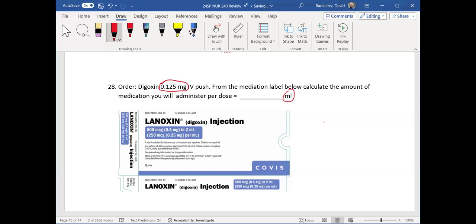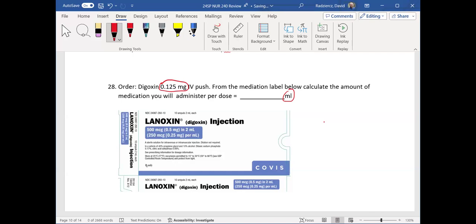And so basically you have a bunch of information here. It tells you 500 micrograms, which is the same thing as 0.5 milligrams in 2 milliliters. It also tells you 250 micrograms, which is the same thing as 0.25 milligrams per ml. So basically they're just telling you all the same thing. So what you're going to do is choose one of these options.